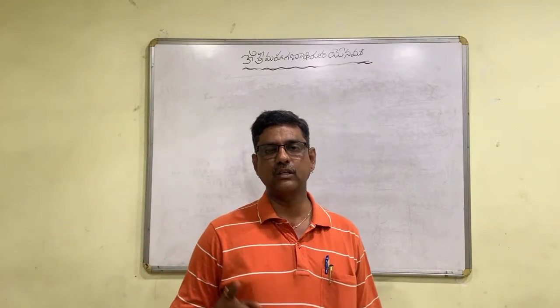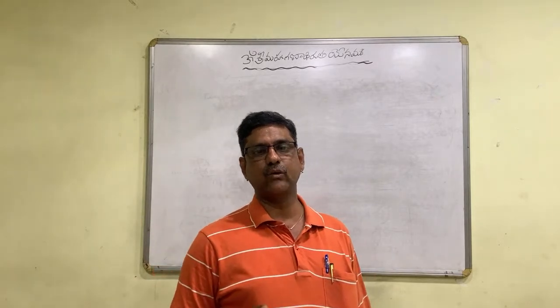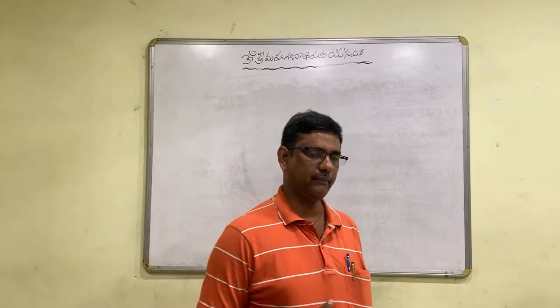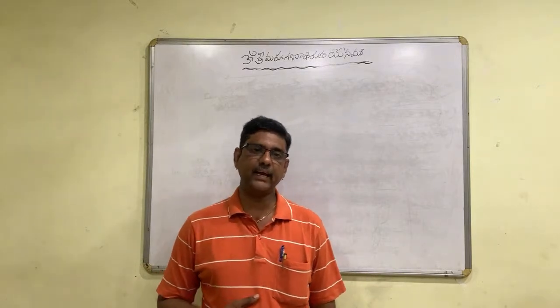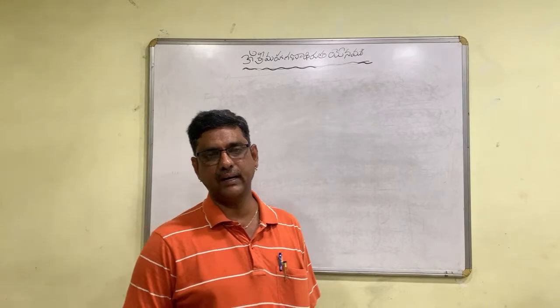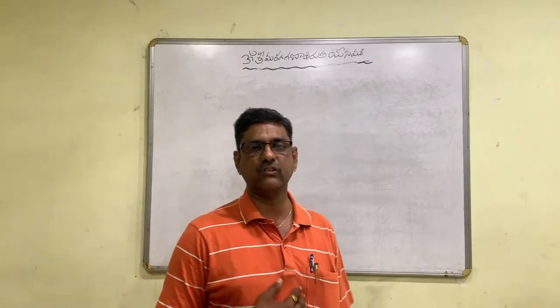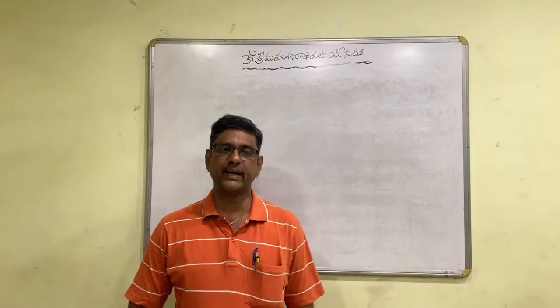Secant square A equals 1 plus tan square A, and tan square A equals secant square A minus 1. The third identity, cosecant square A minus cot square A equals 1. Cosecant square A equals 1 plus cot square A, and cot square A equals cosecant square A minus 1.